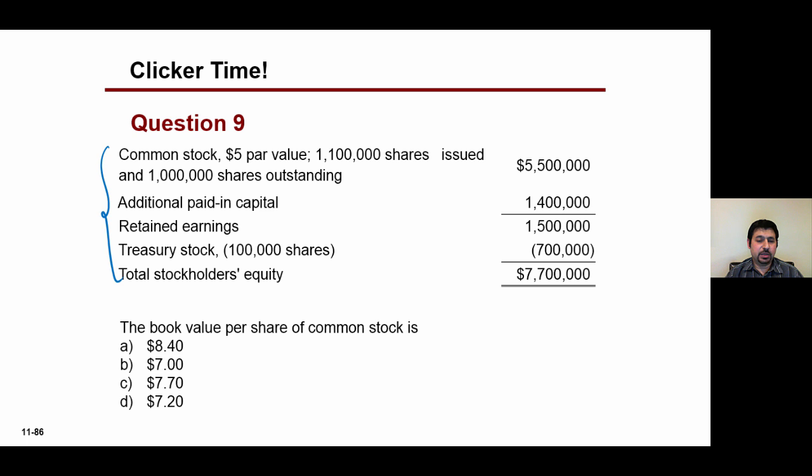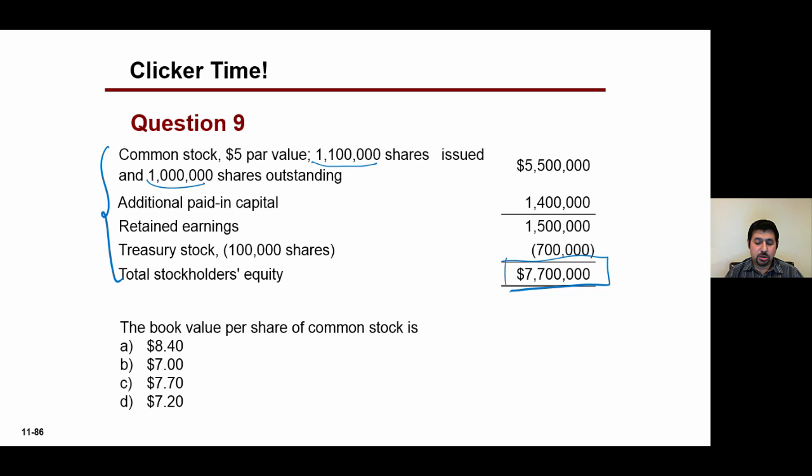Retained earnings is 1,500,000. Treasury stock, 100,000 shares. This is the difference between issued and outstanding shares. And treasury stock is 700,000. So the total stockholders' equity is 7,700,000. What is the book value per share for common stock?